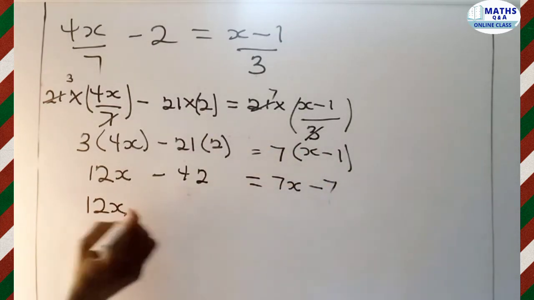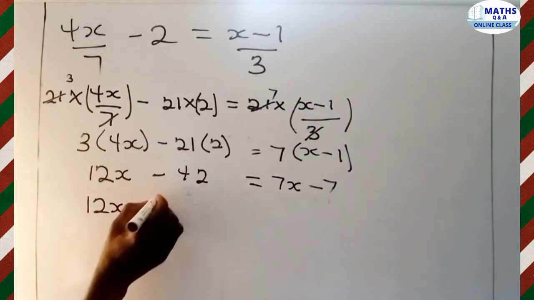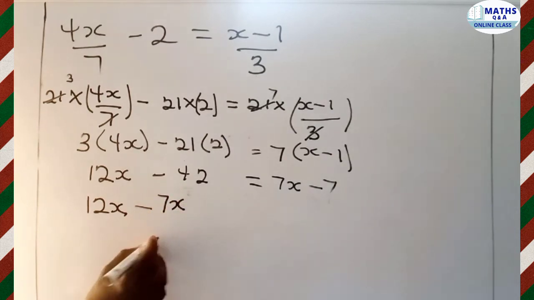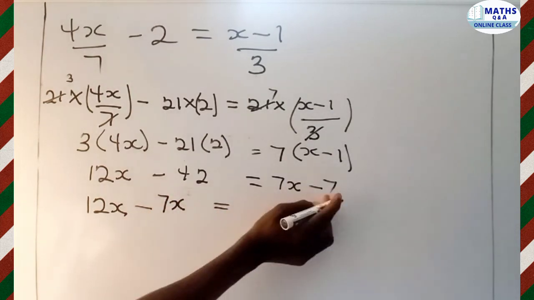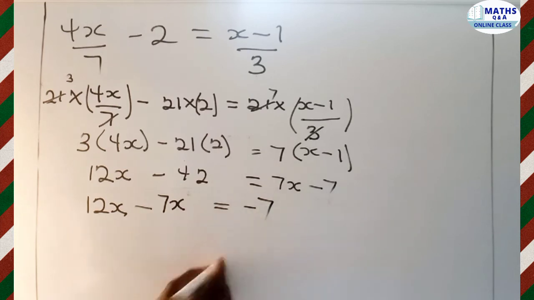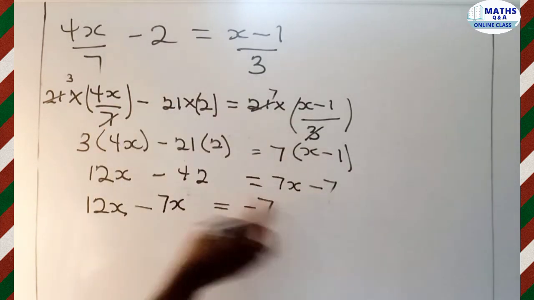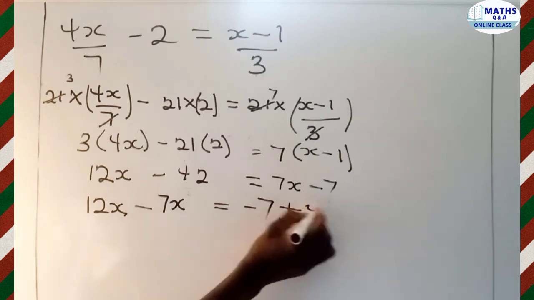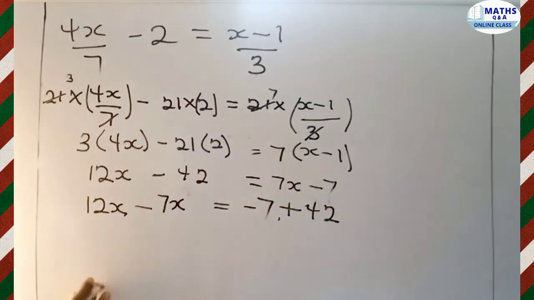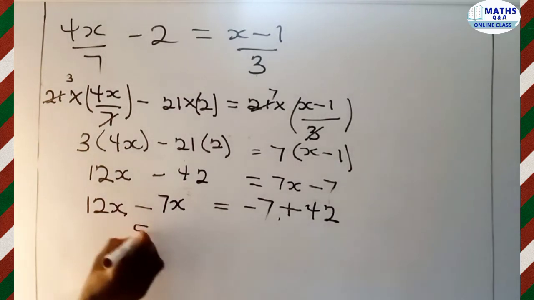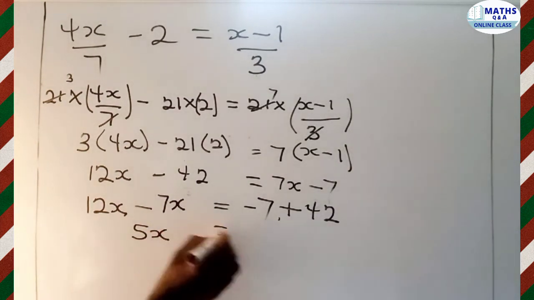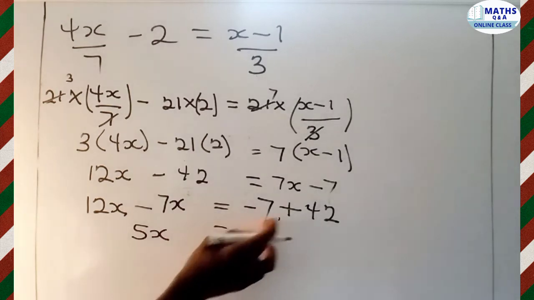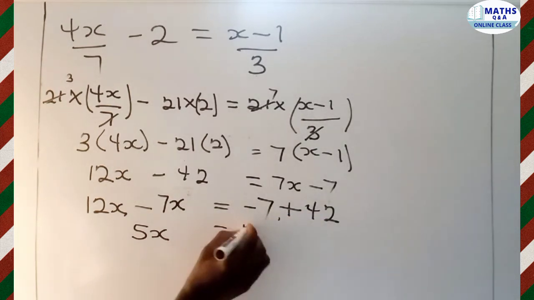It's positive, so when it comes here, it will be what? Negative. I have negative 7x, which is equal to, I came to meet negative 7 here already. So you send the negative 42 to this side. Now it becomes what? Positive. So we have positive 42. 12x minus 7x gives us what? It's left with 5x here, which is equal to negative 7 plus 42 gives what? 35.